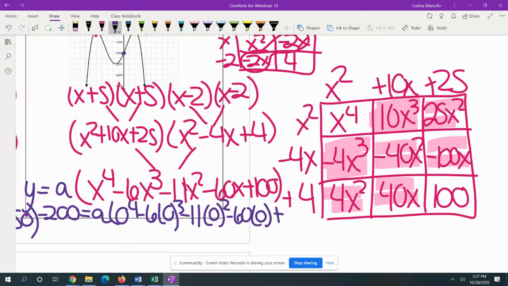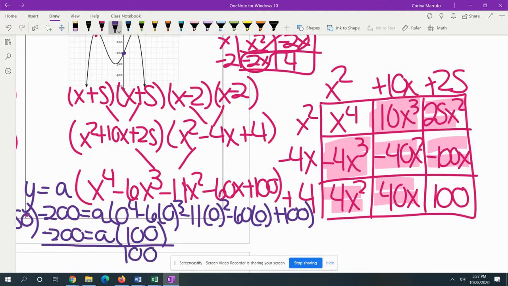And then we plug it into our calculator exactly the way we see it. And at the very end, we end up with A times 100. Okay, then from there, we go ahead and divide both sides by 100. Negative 200 divided by 100 gives us negative 2.